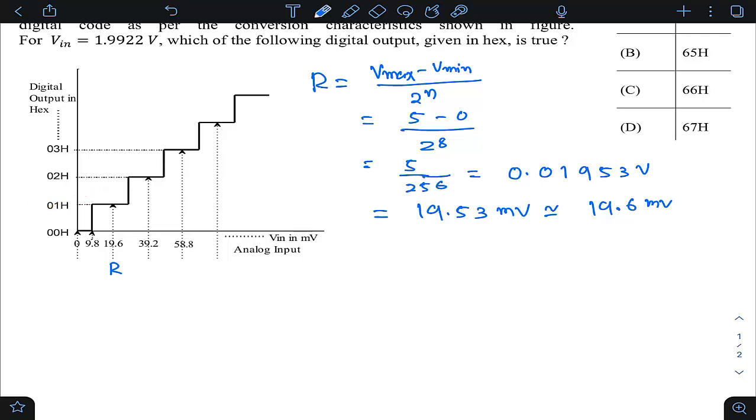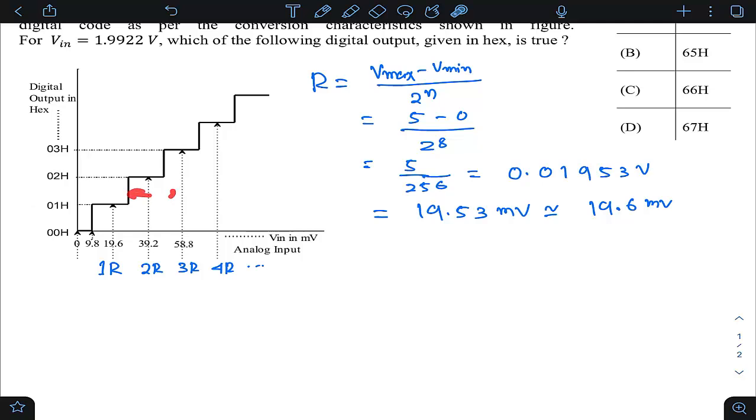That means when the input is 1 into R, you get 0.1. 39.2 is 2 into R. 58.8 is 3 into R, 4 into R, and so on. So these dotted lines are always given at integer multiples of the resolution, like 1R, 2R, 3R, 4R. In this range, the output is 0.1.